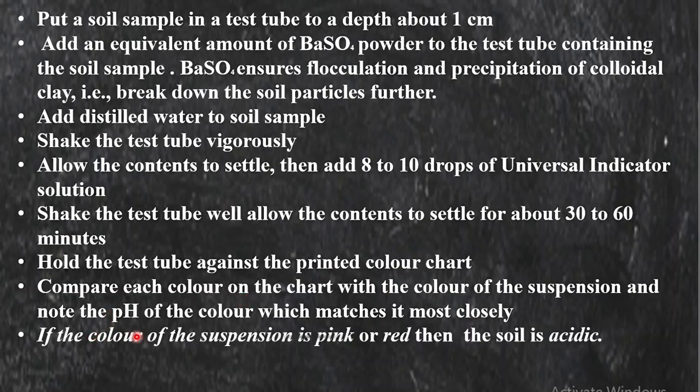So if the color of the suspension is pink or red, then the soil is acidic. By just observing the color of the suspension of the soil and matching it with the color on the chart, it will tell you whether the soil is acidic or not.